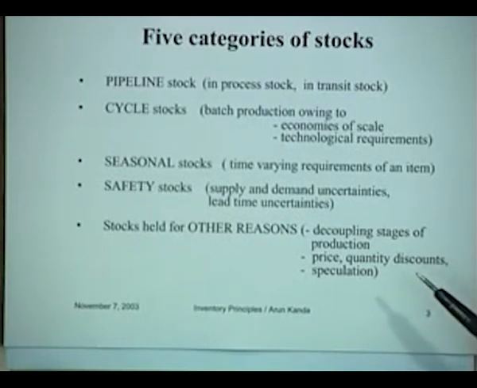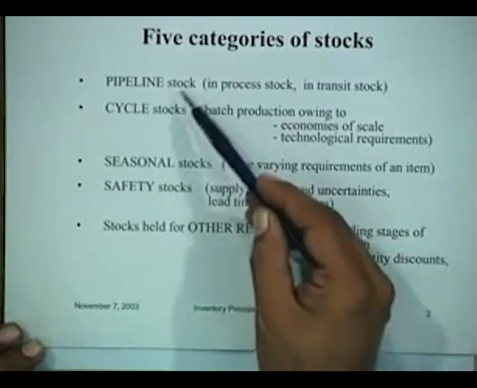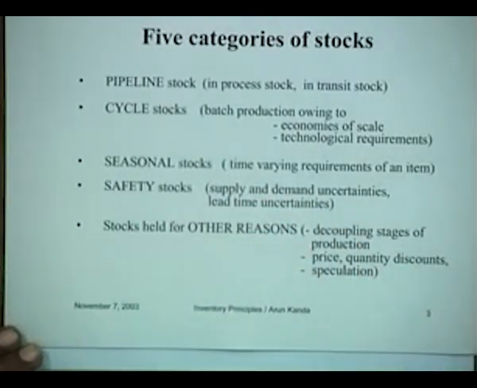So in fact trading in shares is basically an example of this kind of a situation. So these are the basic purposes or functions of maintaining inventories in this particular situation.